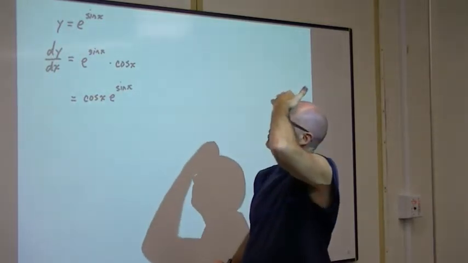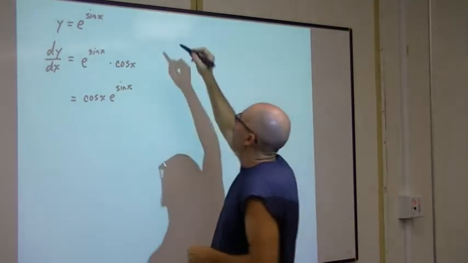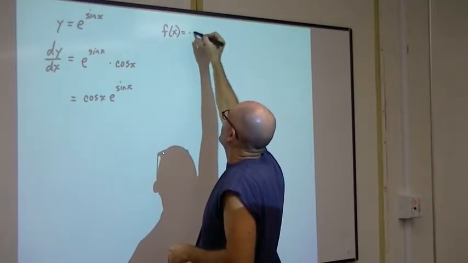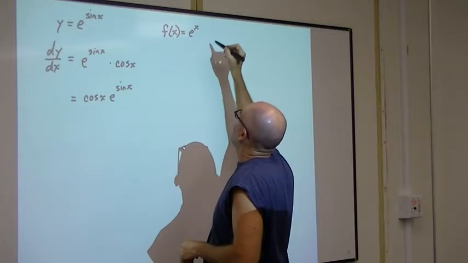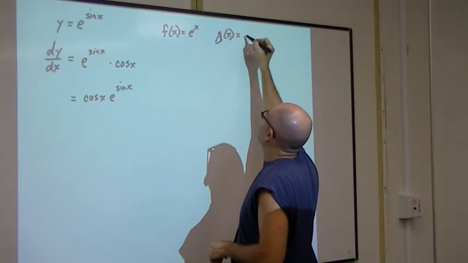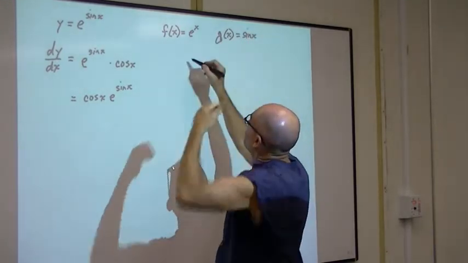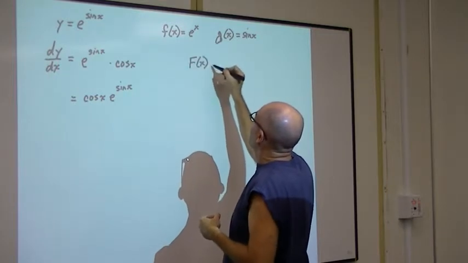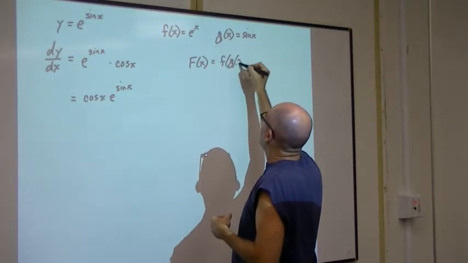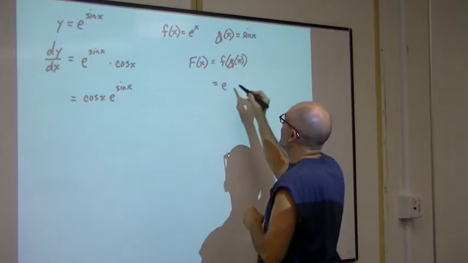Okay, notice chain rule means the inside of the function. See, if the small f of x is e to the x, and the g of x is sine x, so now we've got capital F of x being f of g of x, which equals e to the x.